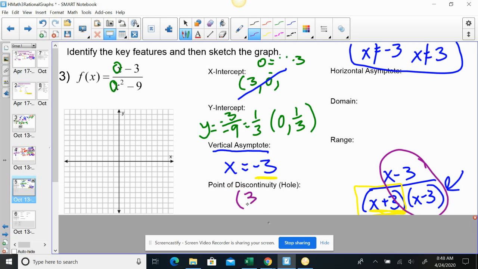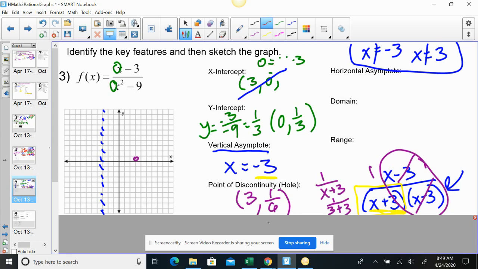So at positive 3, since x minus 3 is 0 gives me positive 3, I'm going to have a hole at what's left after I cross out or eliminate that common factor as 1. So 1 over x plus 3 would give me 1 over 3 plus 3, which is 1/6. So I'm going to have a hole at (3, 1/6). I'm going to have a vertical asymptote at x = -3.